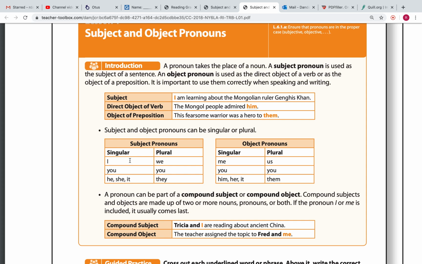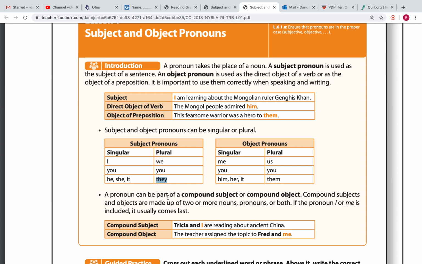Instead of saying I, if we want to say plural, we would say we, the plural version. And instead of he, she, or it, if it's more than one person and you're talking about other people, you would say they, right?